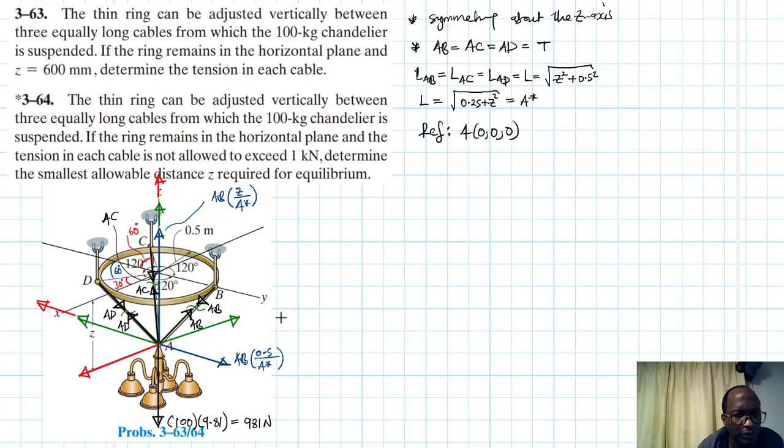Where is AC? So AC, there we go. Along the x-axis, AC is just going to be equal to 0.5 divided by A star, and then we need to map it along the x-axis, which is this side like that, right?